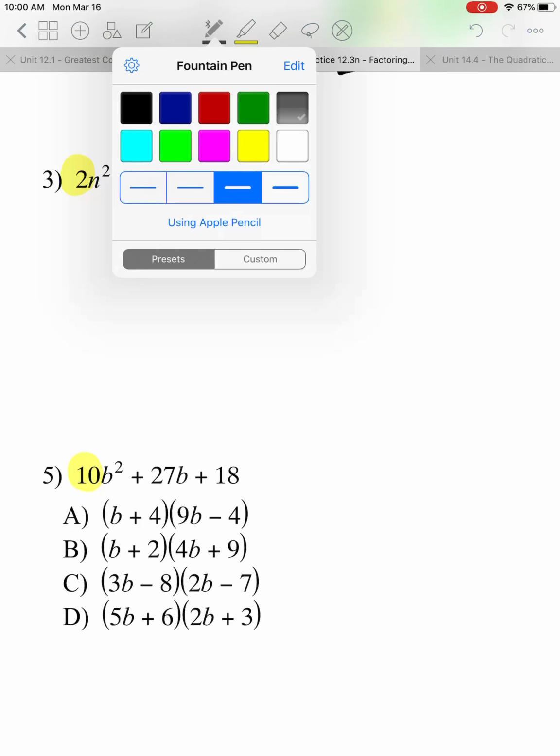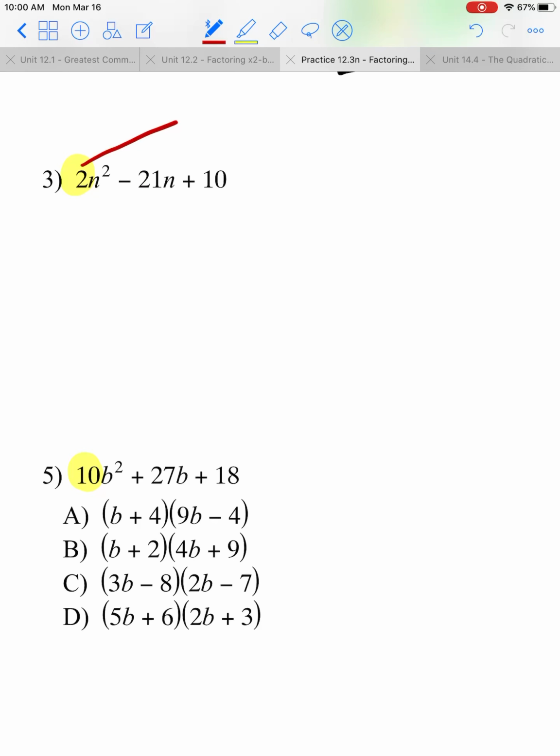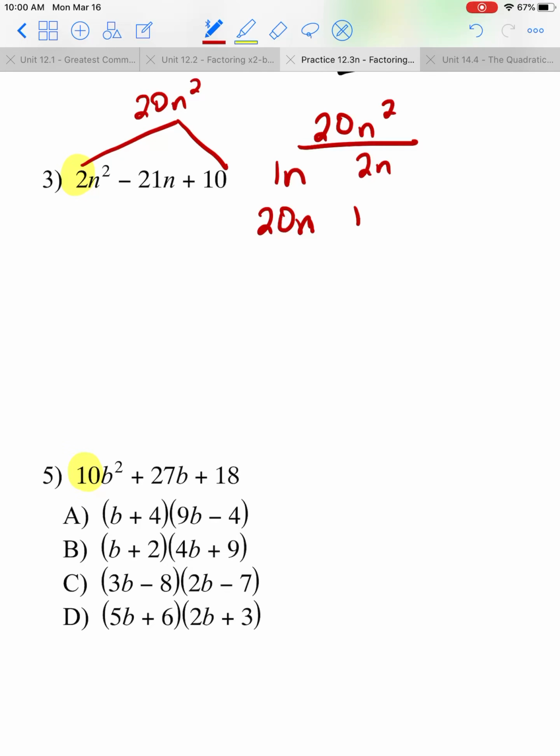When I multiply 2n squared and 10, that's going to give me 20n squared. I will now be finding the factors of 20n squared, which is n and 20n, 2n and 10n, and 4n and 5n.